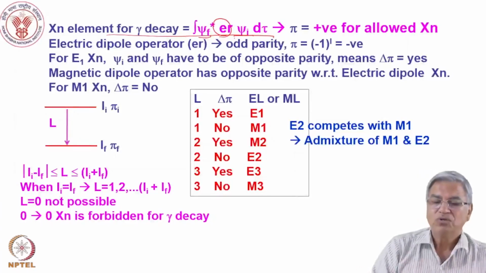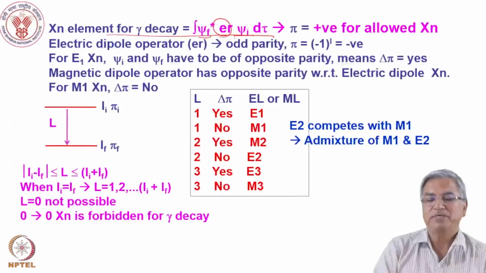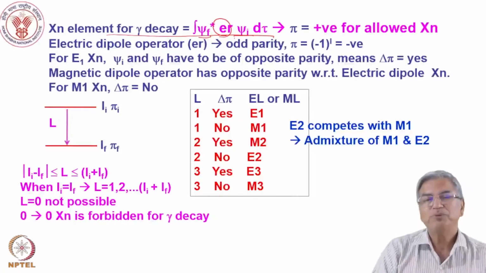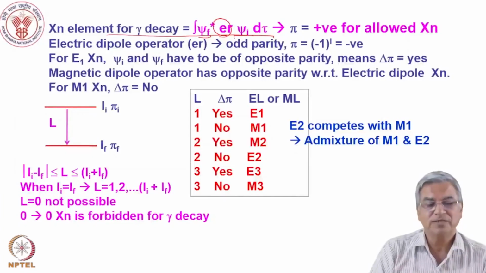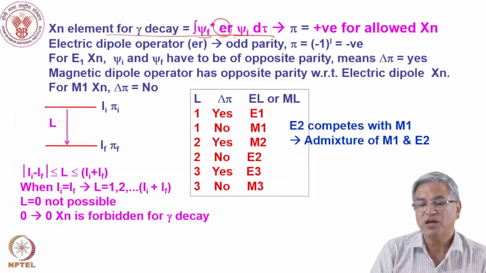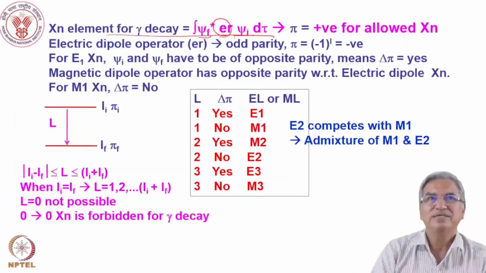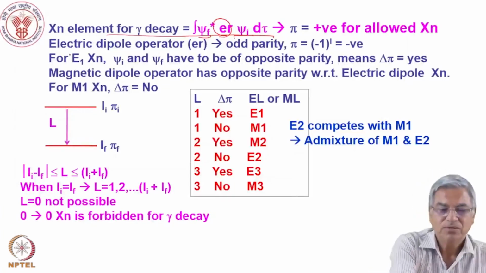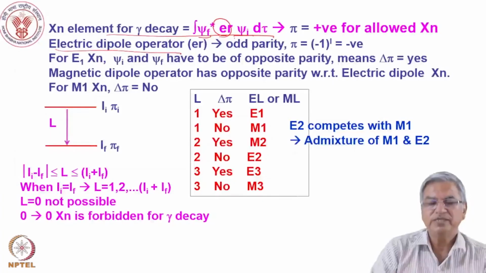Now, this particular matrix element, psi f star, ER, psi i, should have positive parity for an allowed transition. So if the parity of the transition matrix element is positive, then we say the transition is allowed, and that will dictate the parity of the individual states psi i and psi f. For example, the electric dipole operator ER. How do you define the parity?